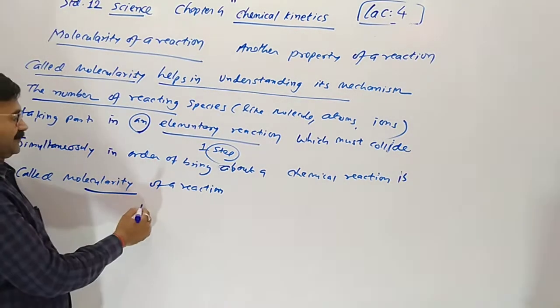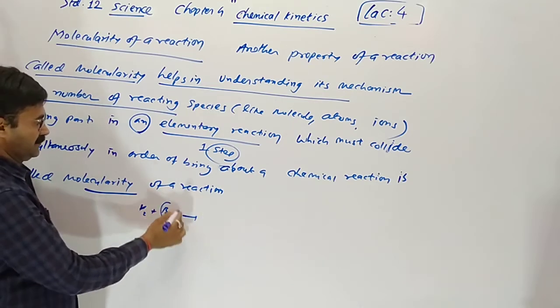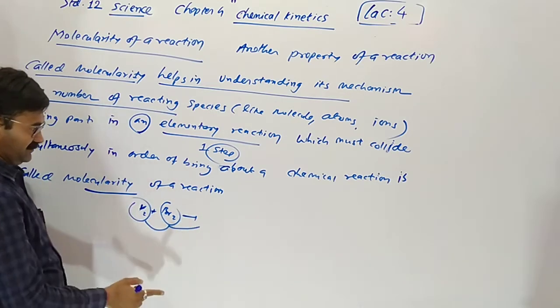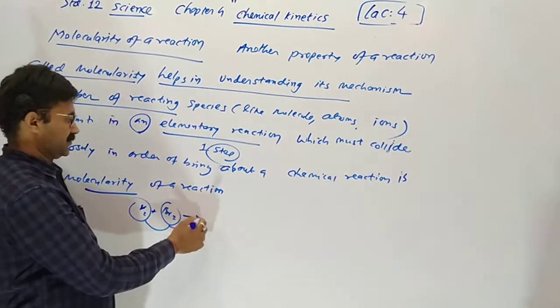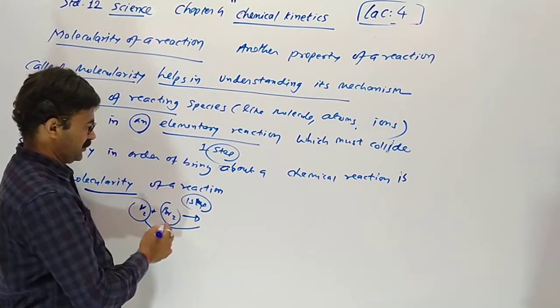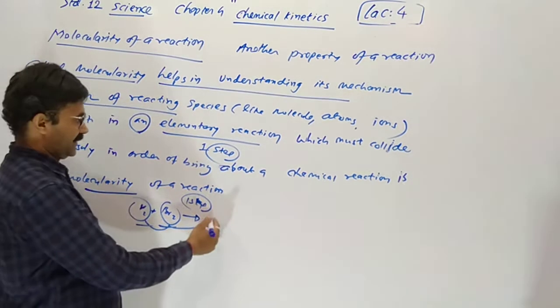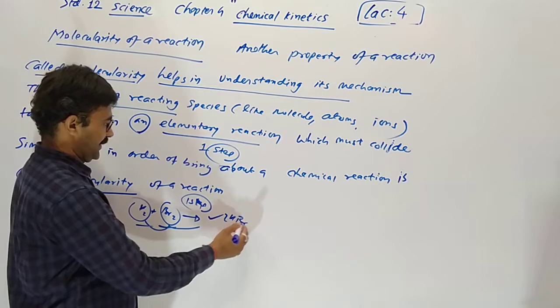It means at a time how many molecules are taking part, but your reaction should be in one step. At a time how many molecules collide in the reaction, that is called the molecularity.